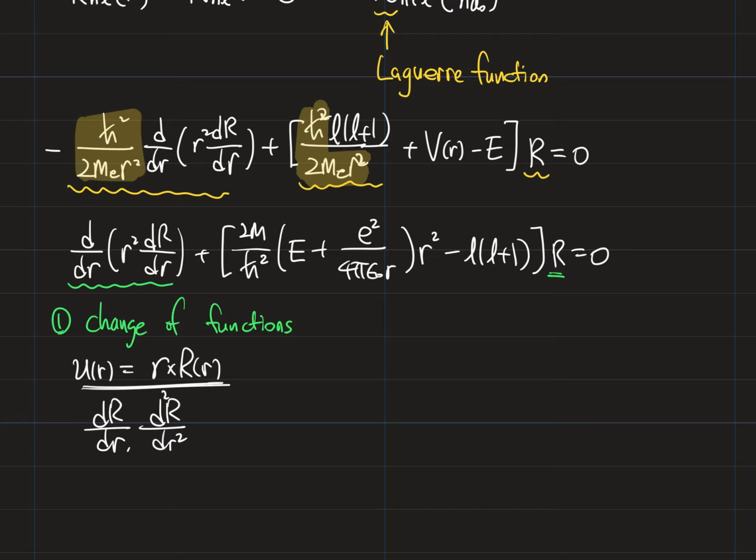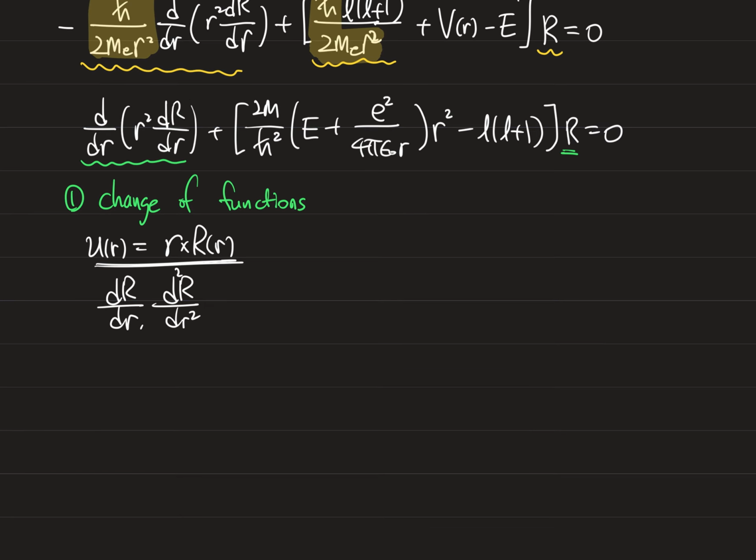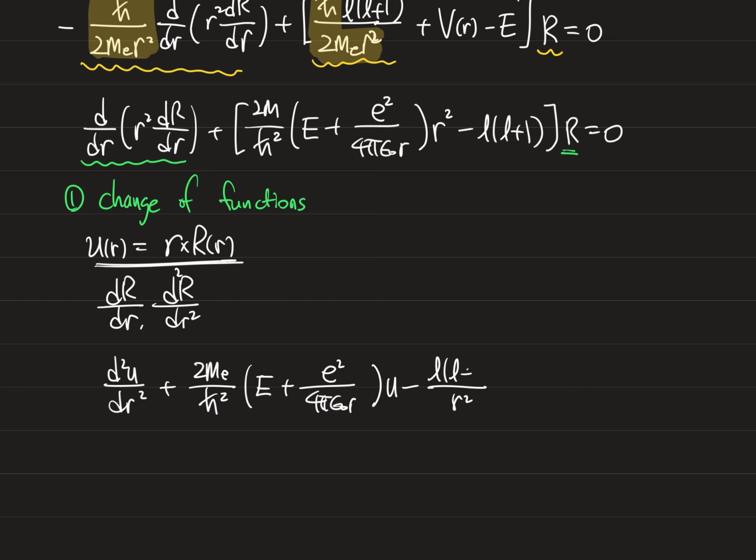I'm not going to write down the whole steps, but your final result looks like d square u over dr square. So as I mentioned, the equation for capital R now becomes the equation for small u.